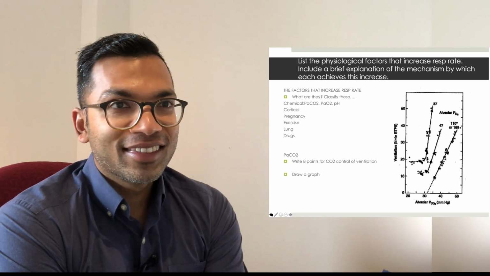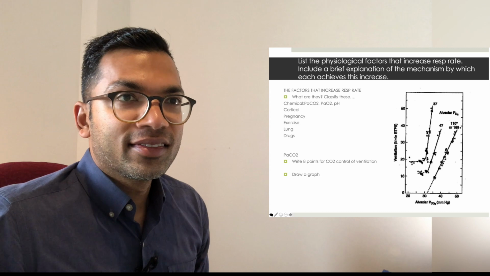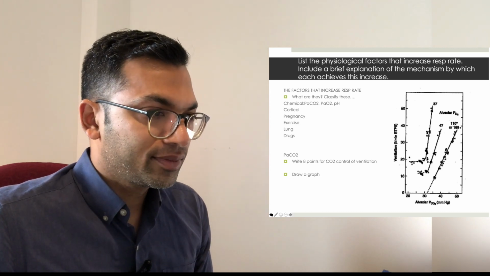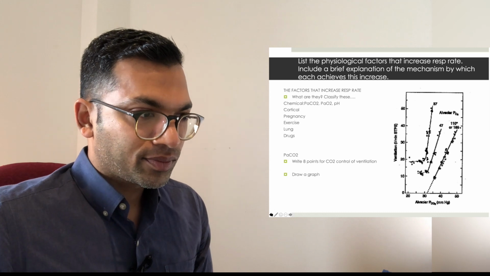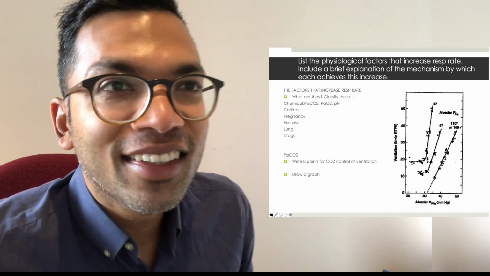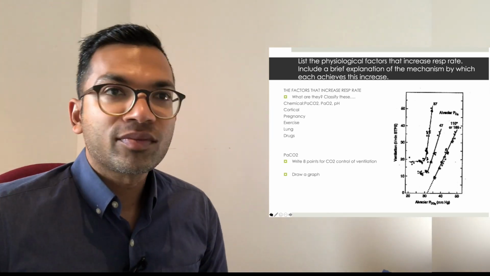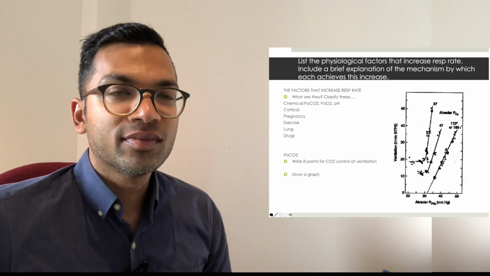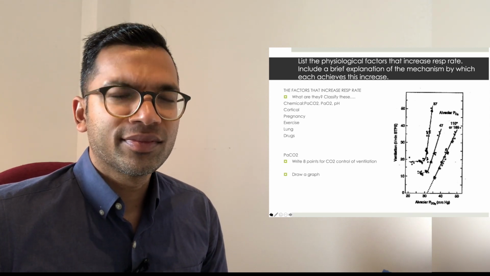I think classically the number which I decided on after finding a range was that at around a CO2 of 80, you can start actually getting a decrease in your ventilation response. So I tend to draw it as, well, I'm just holding up to the camera what I've done. Between about 30 to 60, you've got your relatively linear section. And then at around a PCO2 of 80, you can get that hypercapnic decline.